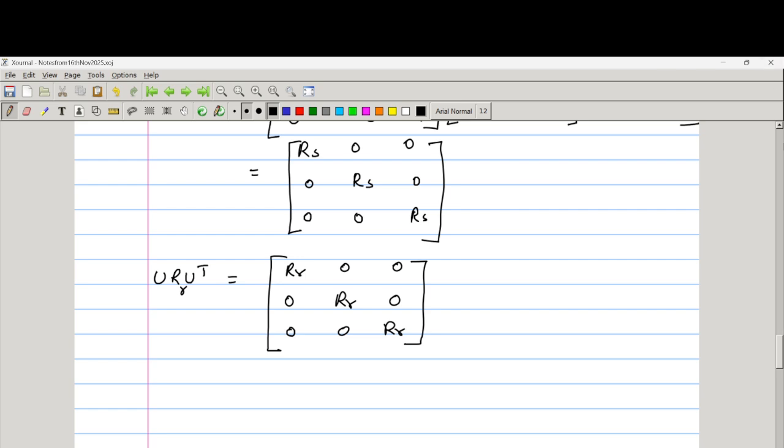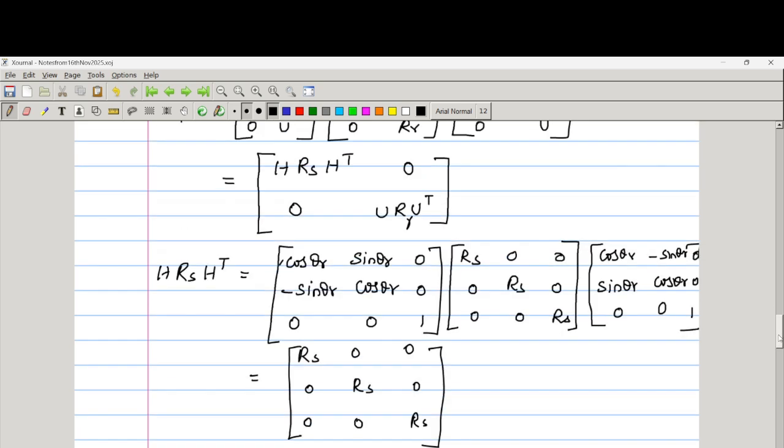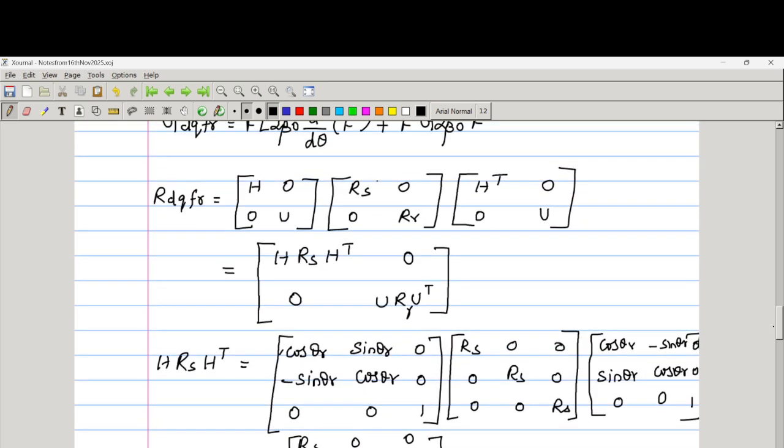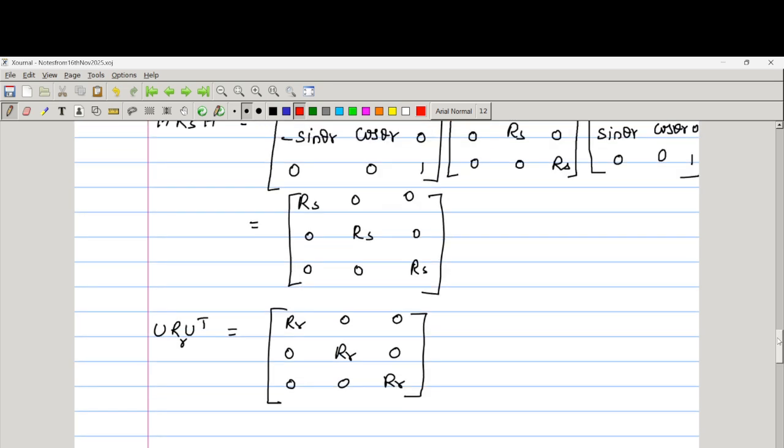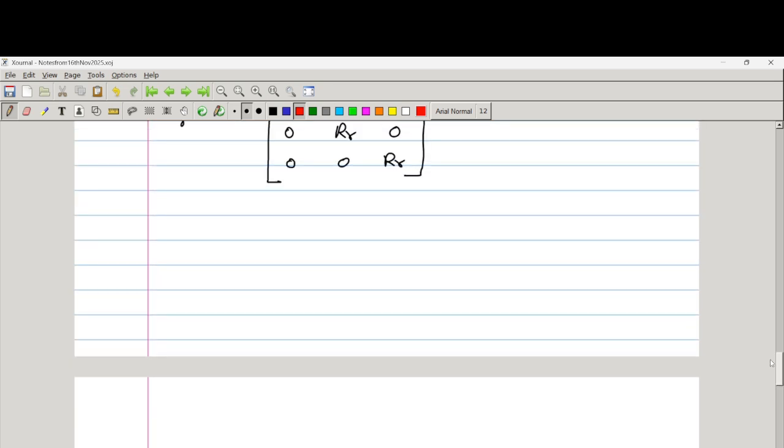So finally we can write this RDQFR. We can substitute here what is meant by H RS H transpose and U RR U transpose, so that we will get the final value.